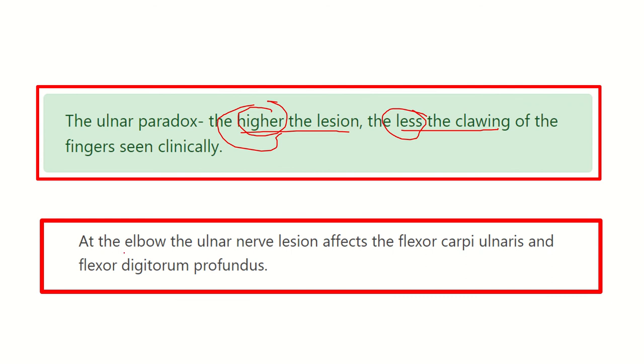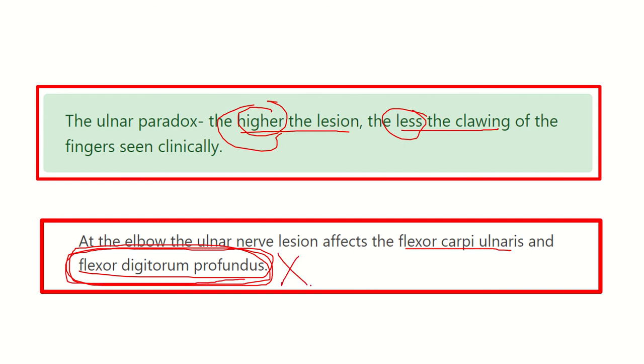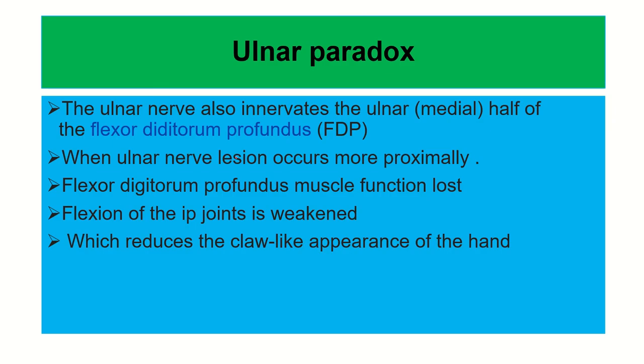Then we can see here that at the elbow, an ulnar nerve lesion affects the flexor carpi ulnaris and flexor digitorum profundus. The flexor digitorum profundus causes the claw-like position, or flexion of the distal interphalangeal joint, and as its function is lost, the flexion of the interphalangeal joint will be lost, and there will be less clawing. This is the ulnar paradox.